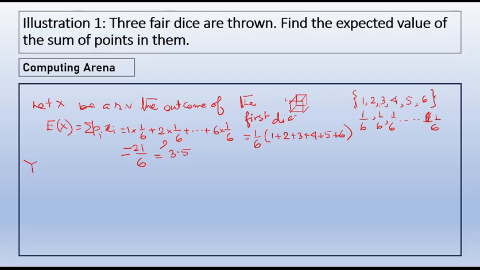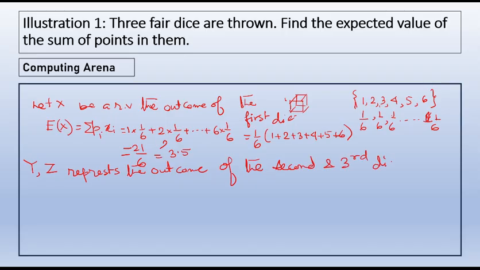Let y and z represent the outcome of the second and third dice. What we have to find is the expected value of x plus y plus z. So the expected value of x plus y plus z is equal to expectation of x plus expectation of y plus expectation of z, because we have a theorem related to that.